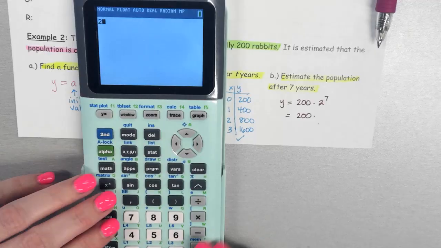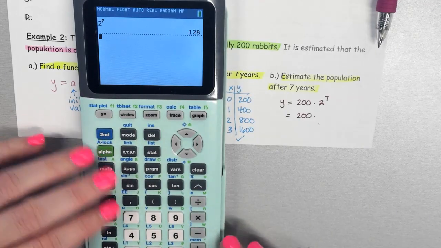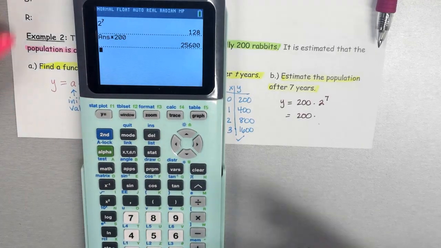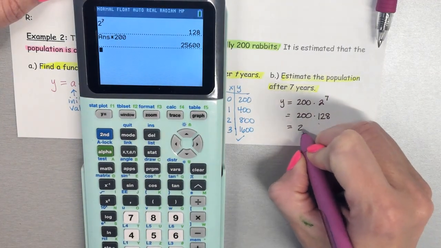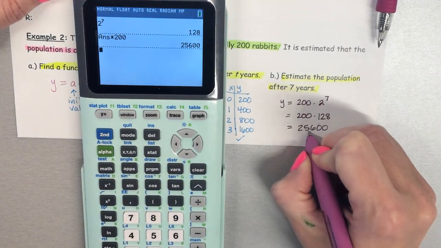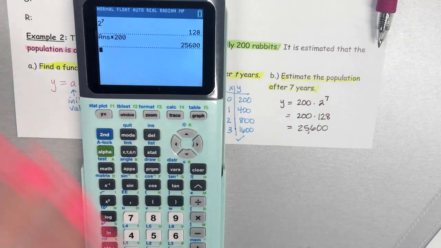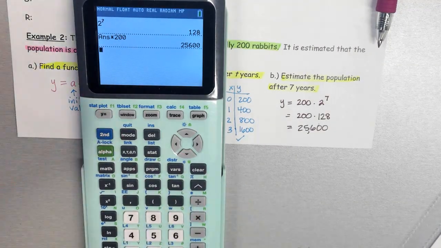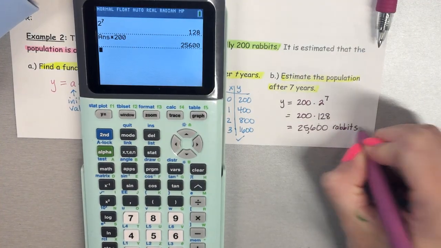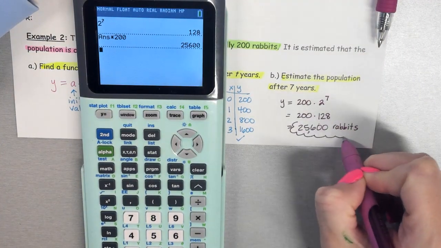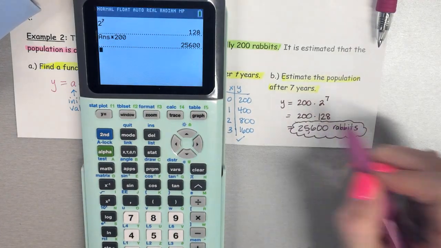So 2 to the 7th is 128, and then multiply that by 200. And then we will put our units with that. So the population would be 25,600 rabbits.